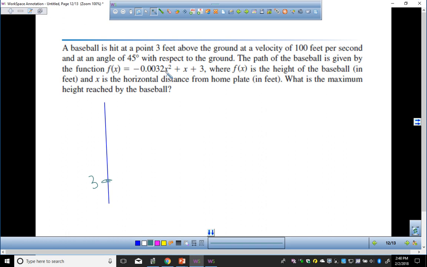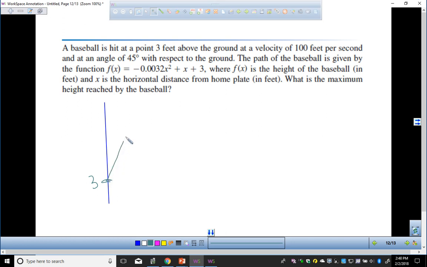The general formula is, we'll talk about the general formula later on, but this number, who knows where this number comes from? Anyone know where that -0.032x comes from? That's the acceleration due to gravity, right? So that's the force with which it's being pulled down.